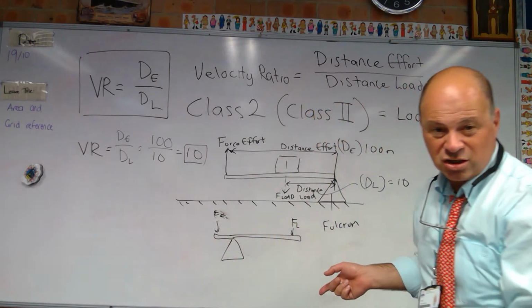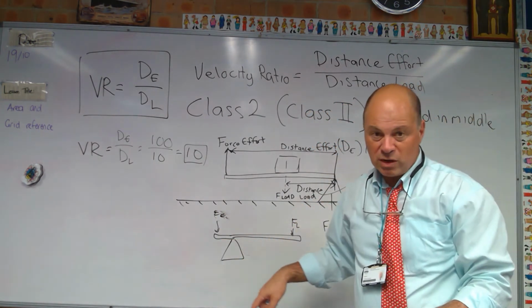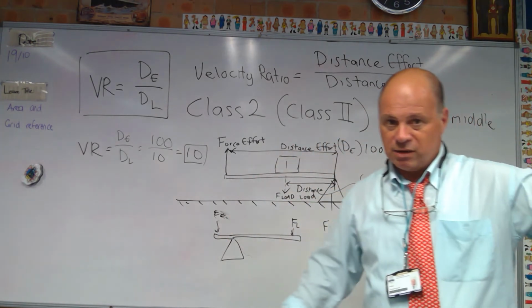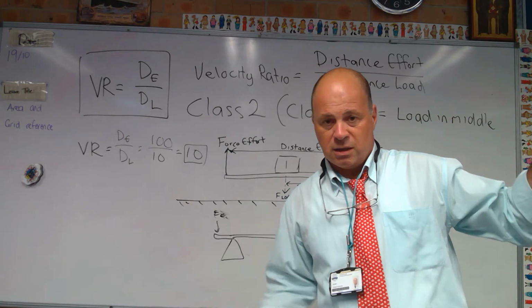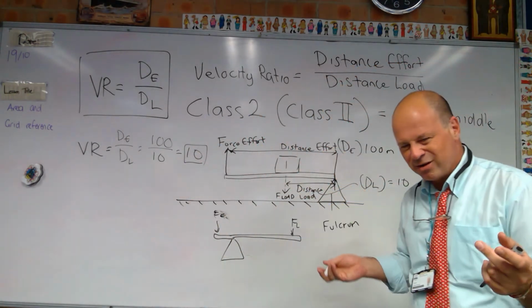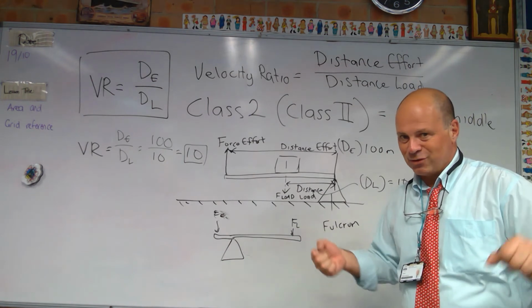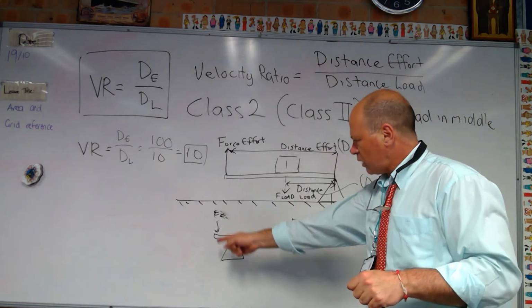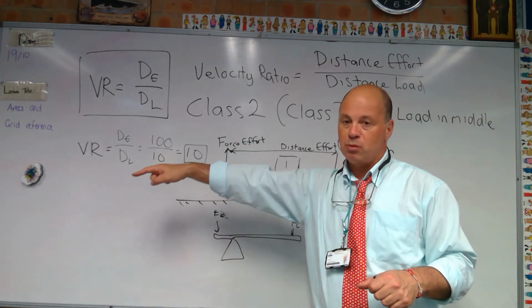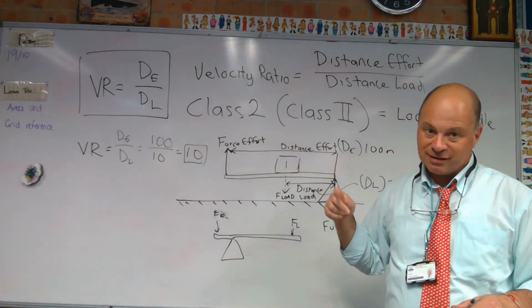That's a disadvantage. So you can make your VR less than 1, or way greater than 1. Archimedes said, give me a lever and a fulcrum, and a lever that's long enough, and I can move the entire world. This is kind of true, but it's a very strong lever. With class 1, you can have velocity ratios below 1 or greater than 1.